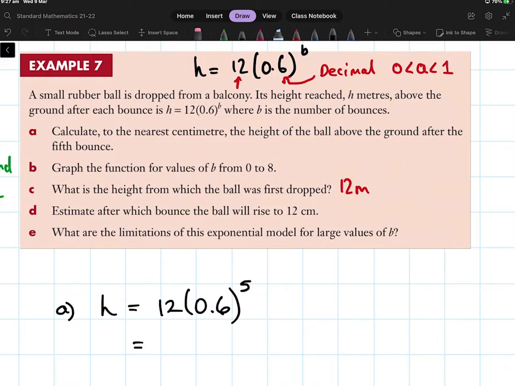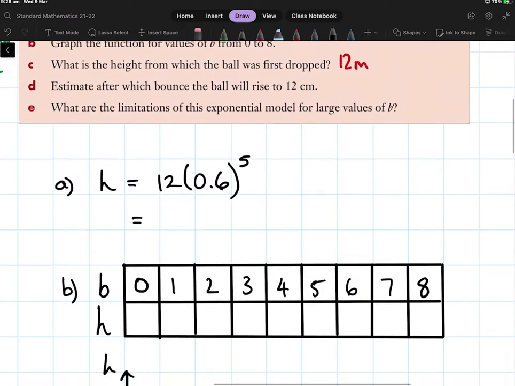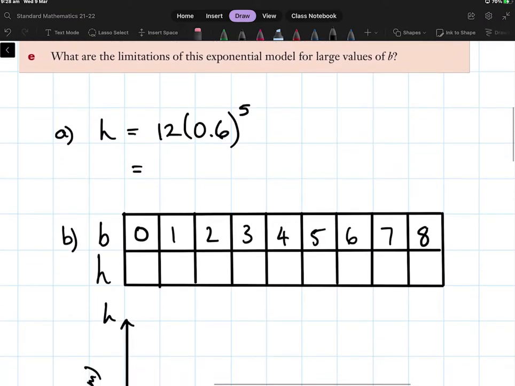All right, so let's go through and finish off some of these questions. Question A, literally just substitute. It wants to know the height of the ball after the 5th bounce. So we're going to do 12 times 0.6 to the power of 5, which is 0.93312 meters.